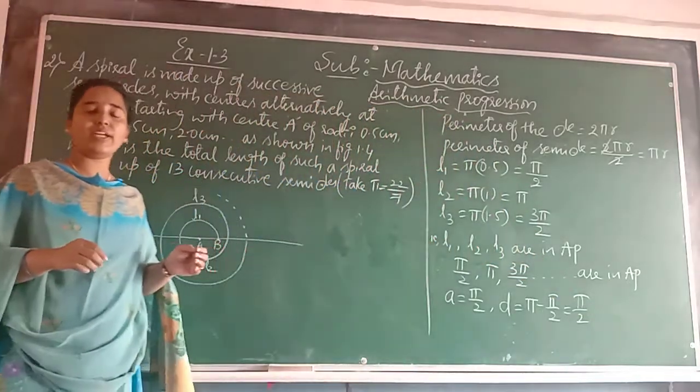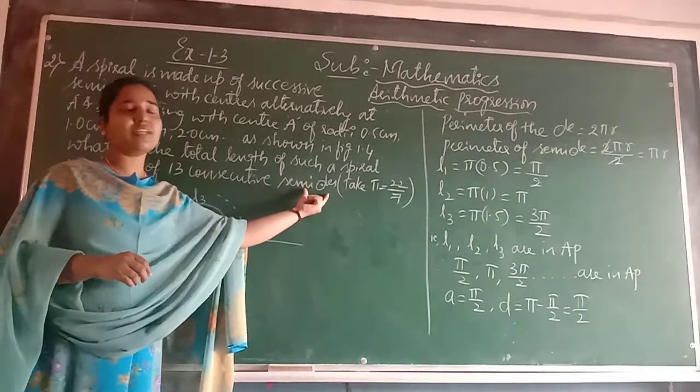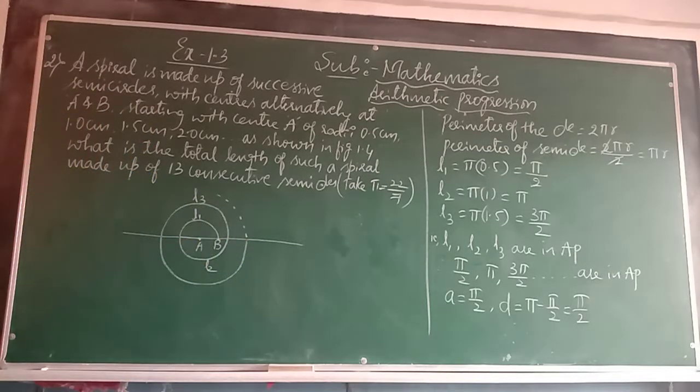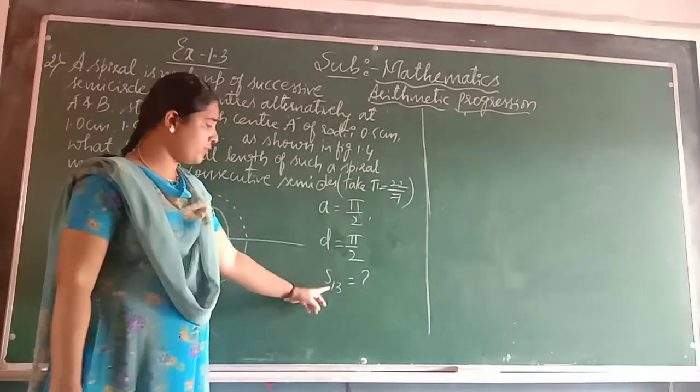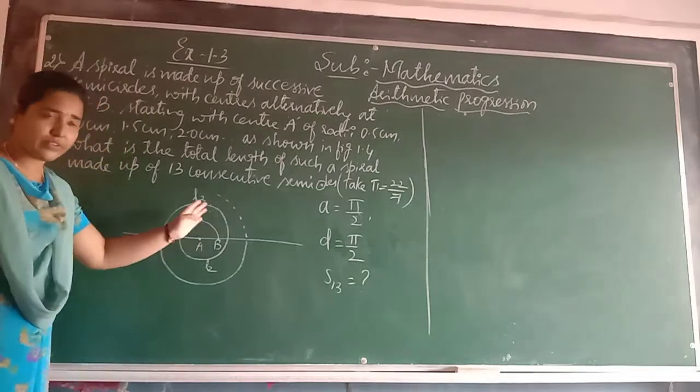Now we have to find the total length of 13 semicircles. Now we have to find the sum of 13 semicircles. Observe, children, the figure is there.